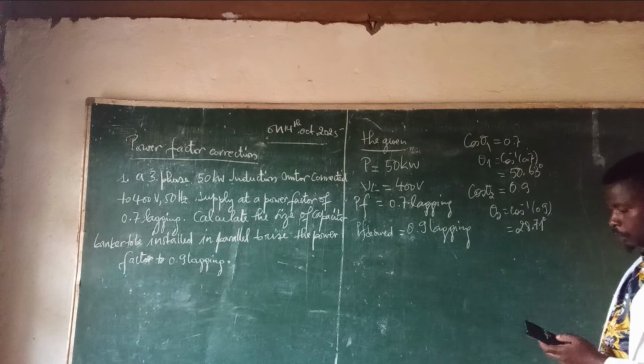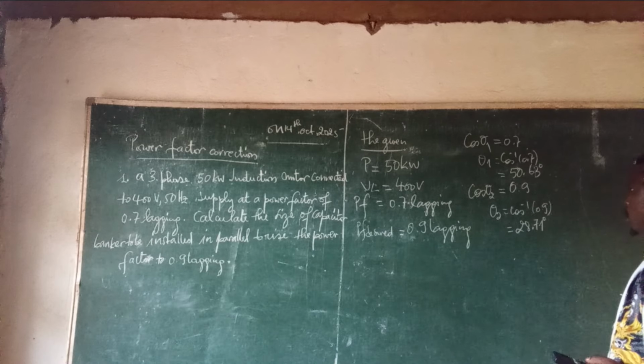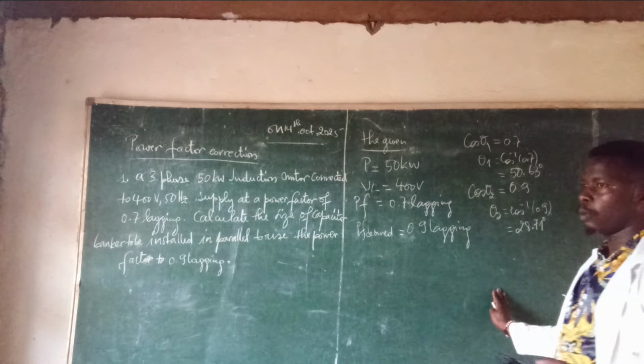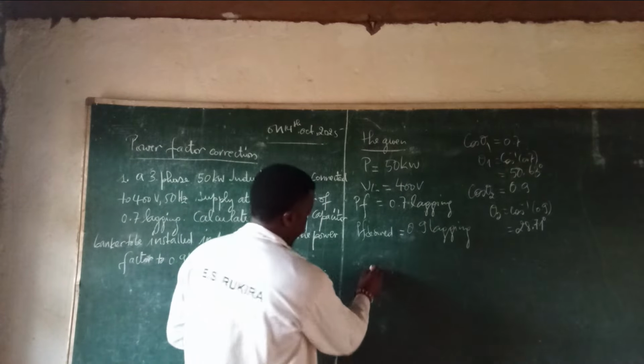We took two numbers after the decimal places. Now, from this, we first need to know the amount of current this load draws.